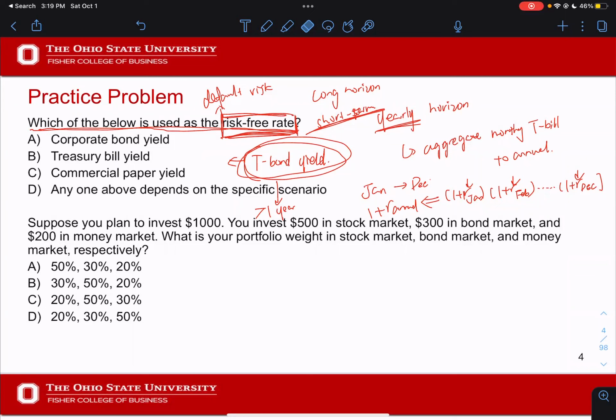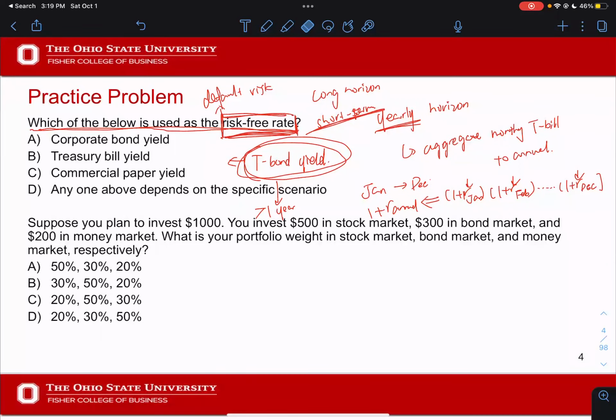So US government does not bankrupt, hopefully. We assume the US does not bankrupt. So either treasury bill or treasury bond are free of default risk. That's okay. So within that definition, you can use the treasury bond to refer to risk-free rate because it means free of default risk. So also in that case, treasury bond or treasury bill, either is fine.